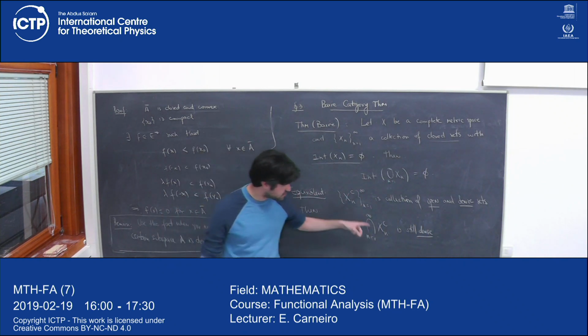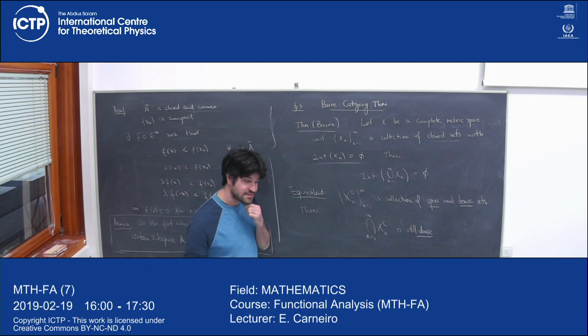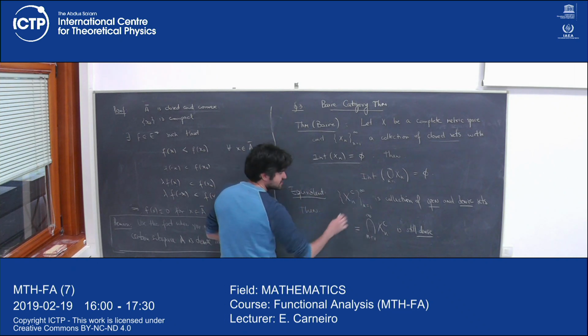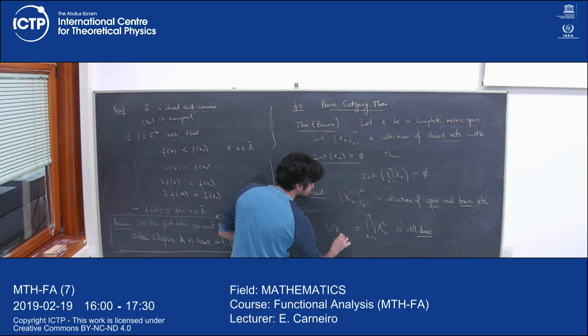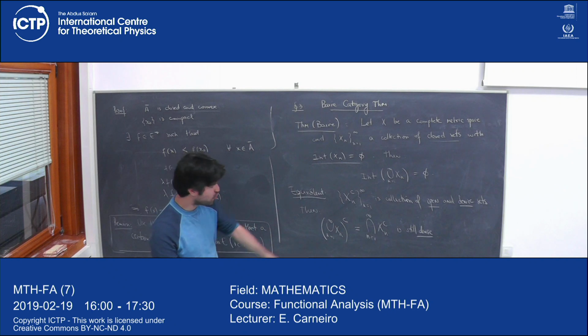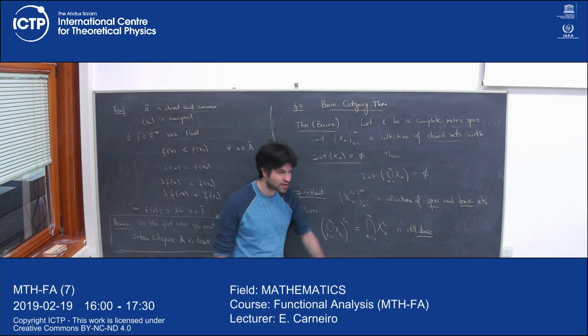So if you take the intersection of all of these guys, this is essentially the union of Xn from 1 to infinity, complement. Okay, the complement of the union is the intersection of the complements.